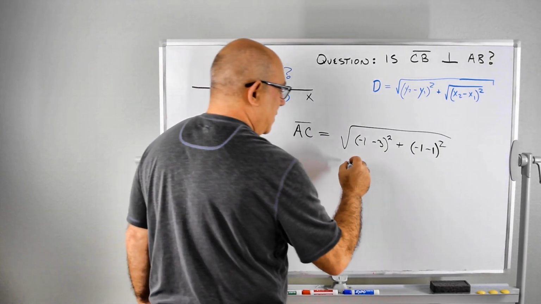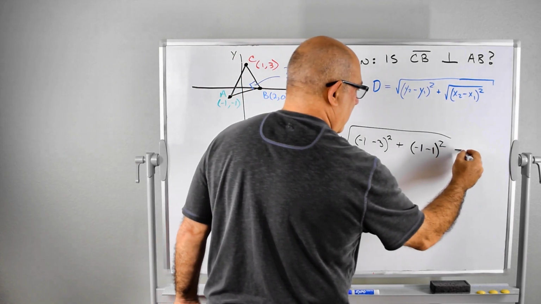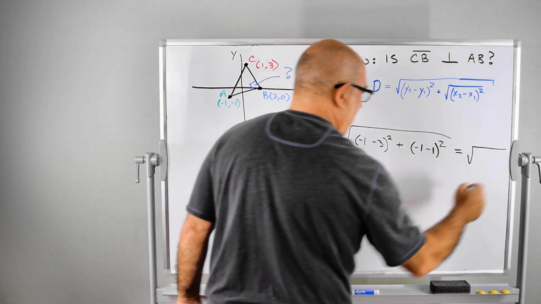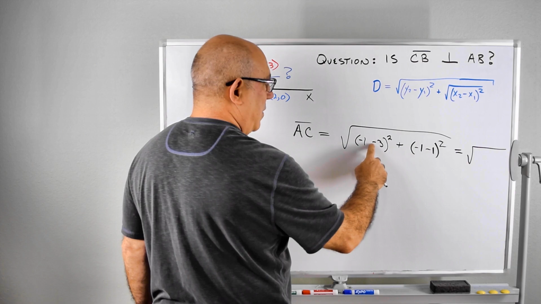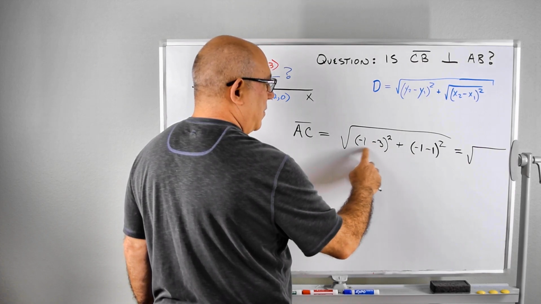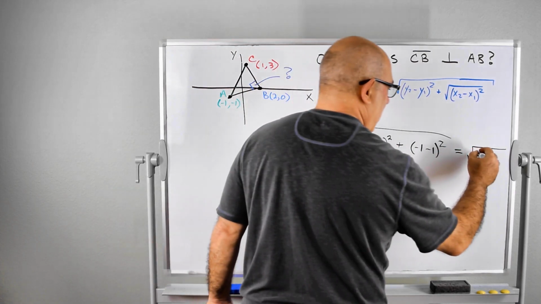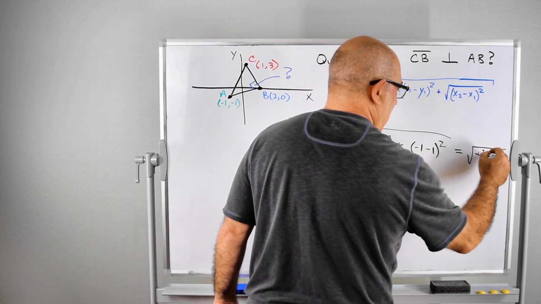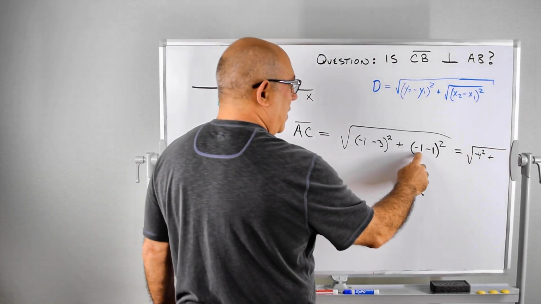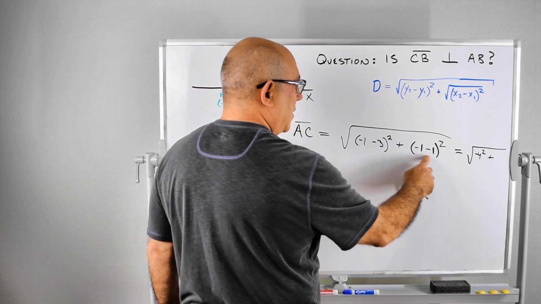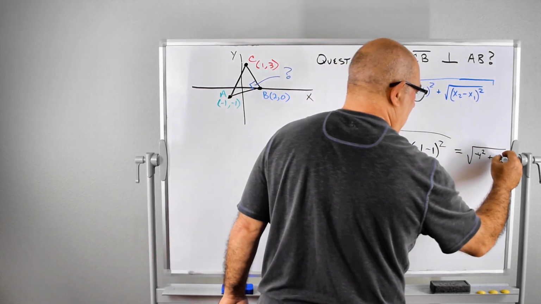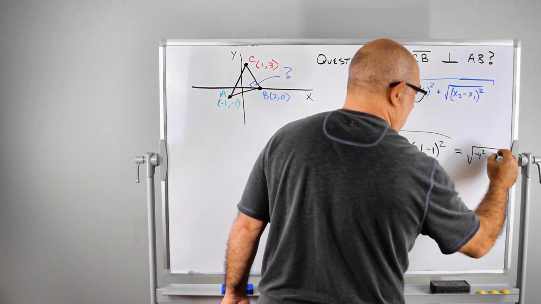So this is going to equal the square root of minus 1 minus 3, which is minus 4 squared, plus minus 1 minus 1, which is minus 2 squared. Okay?